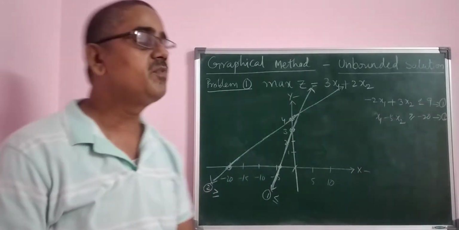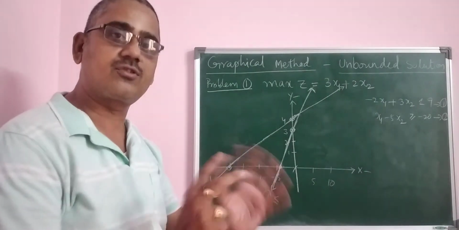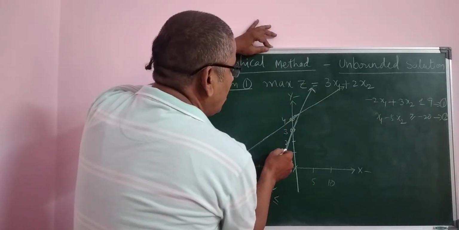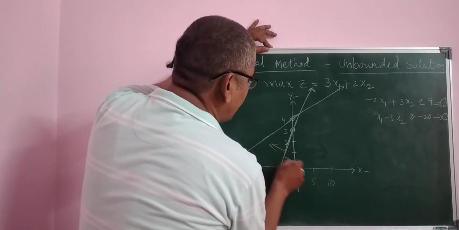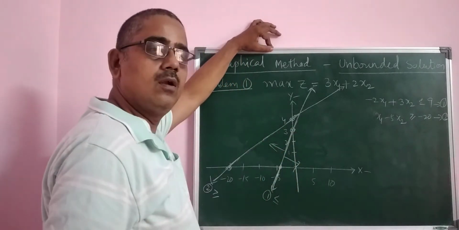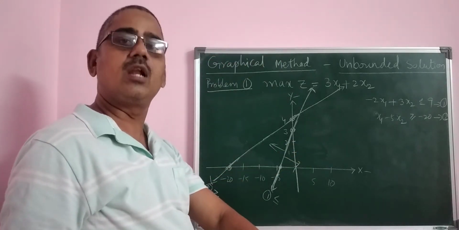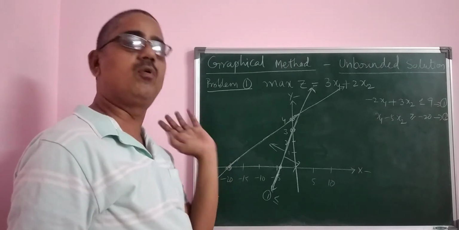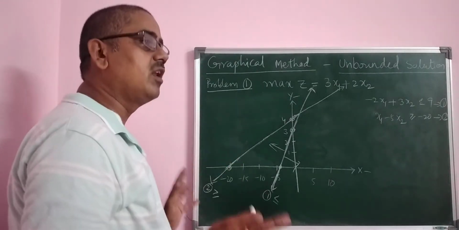So what you have to do is substitute a point on both sides. You see here, this is the line. There are two sides, this is one side, this is another side. One side is less than, that is below the line, and the other side is above the line. So these are the two regions.